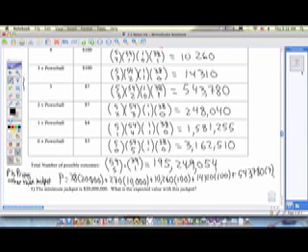Okay, so again, all I'm doing is taking the frequency times the price, just like we did yesterday. Frequency times the price, the weight of it.